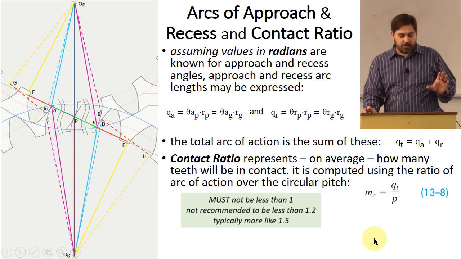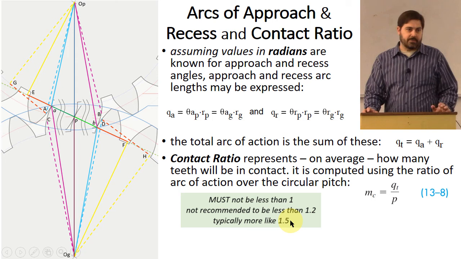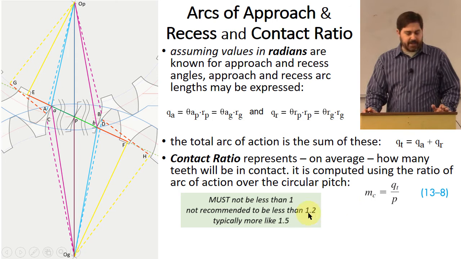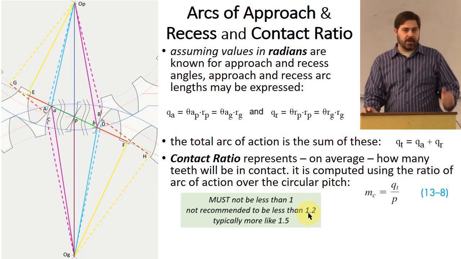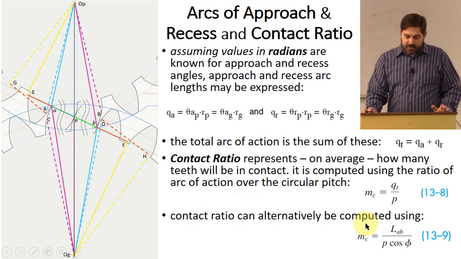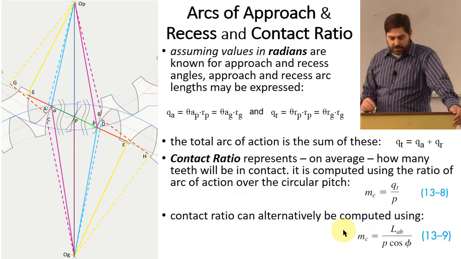That's kind of a minimum guideline to give y'all. And then it's really better for it to be closer to 1.5. But 1.2 is the cutoff that we think of at the lower end of what's acceptable.